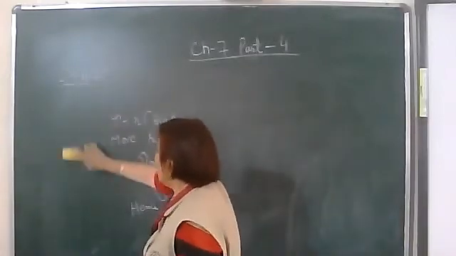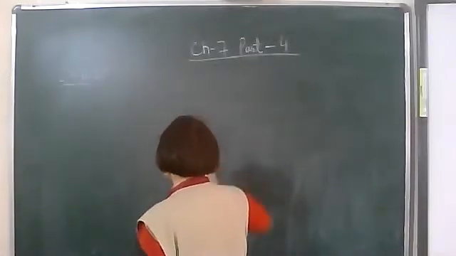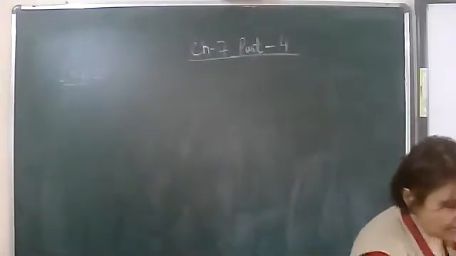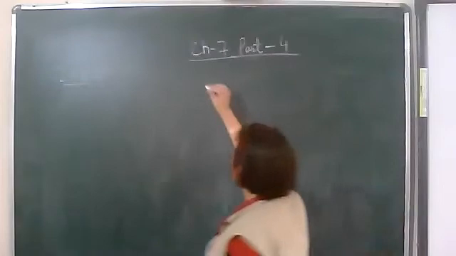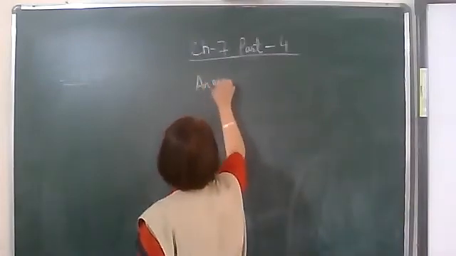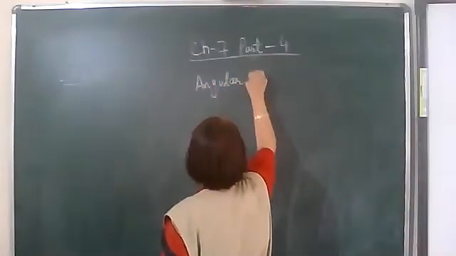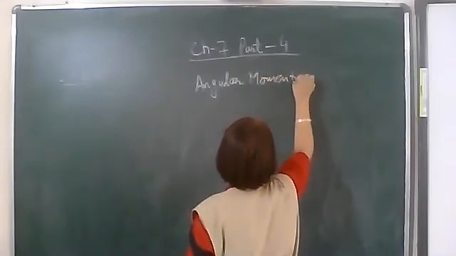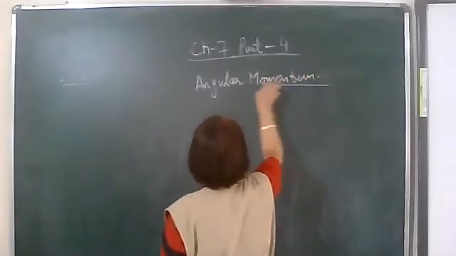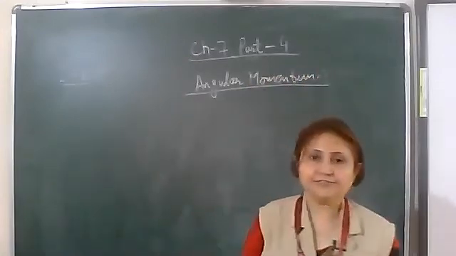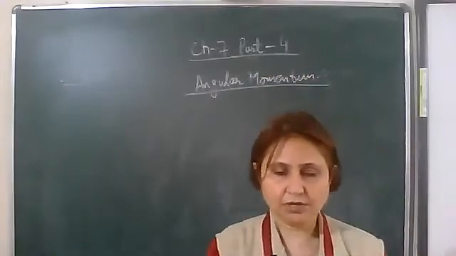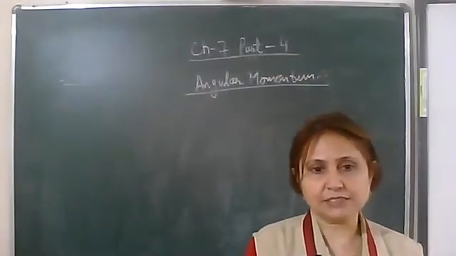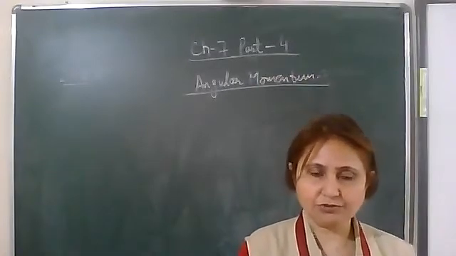Okay, now we come to angular momentum. The next physical quantity which we are going to study is angular momentum. Like linear momentum, which we studied in linear motion, in straight line motion the quantity of motion possessed is called linear momentum, which is equal to mass into velocity.